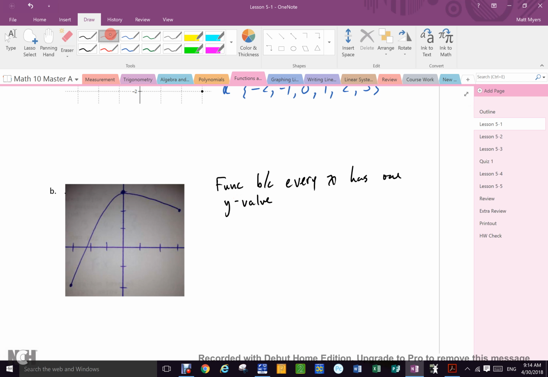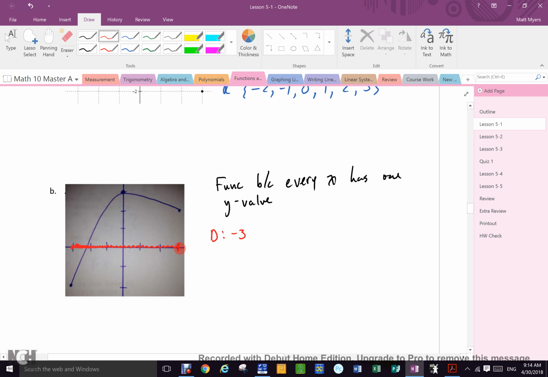How is the domain and range different here? Where do I look for domain? On the x-axis. So what is that value right there? -3. Agreed? Now, since this is a solid line, isn't every single possible x value on that line?